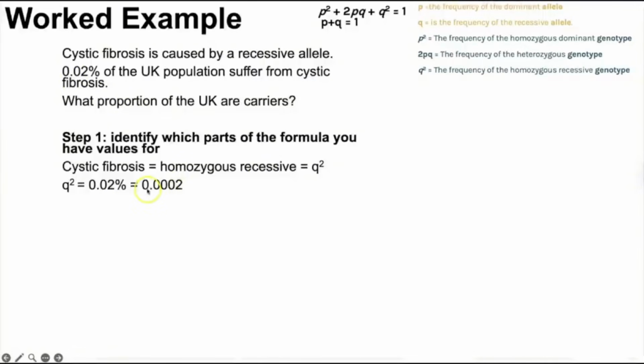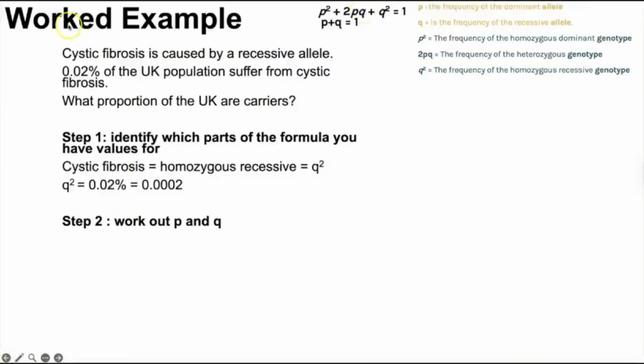But we can't have it as a percentage, so I've converted it. Then we need to work out what we need to identify. And we've been told what proportion of the UK are carriers. Carriers, that would be heterozygous, so they want us to work out 2pq.